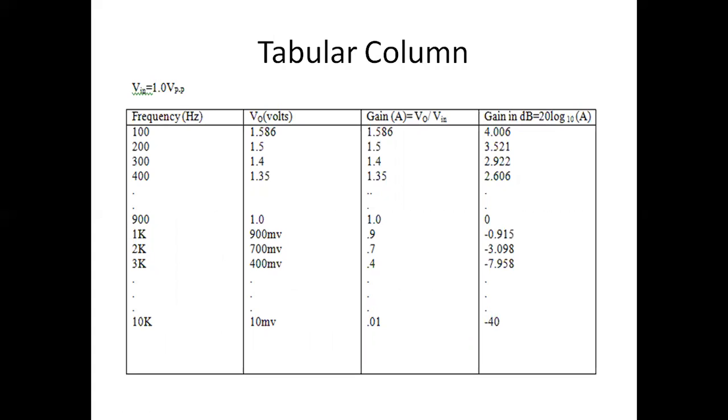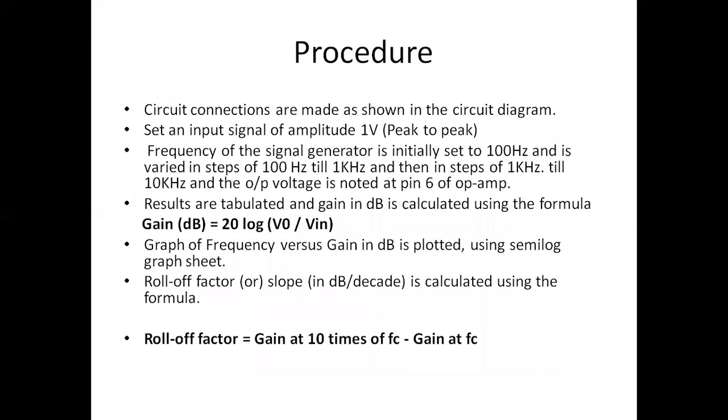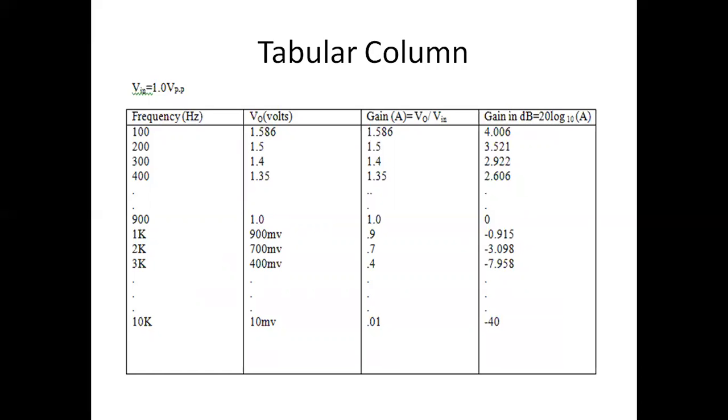So in the reject band, you choose two frequencies in the ratio of 10. Preferably we choose one as the cutoff frequency, 1K, and 10 times that goes to 10K. We find the difference between the gains at these two frequencies, and that gives you the roll-off factor. And remember, the roll-off factor is always negative since the slope is decreasing.